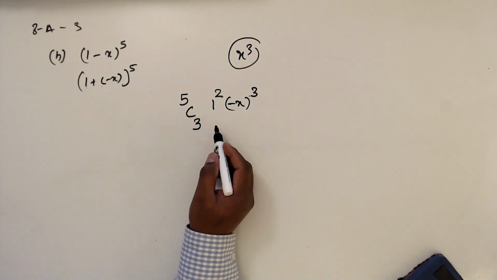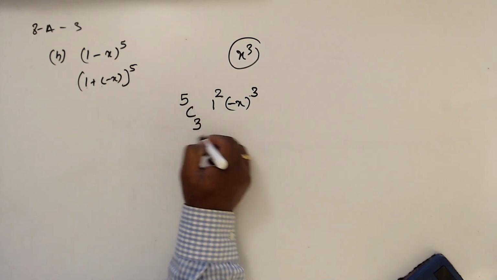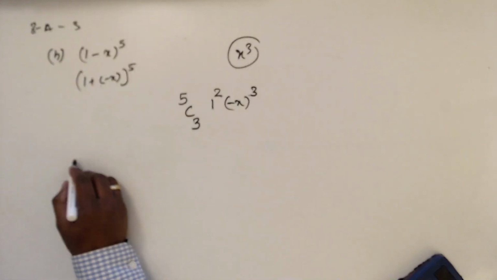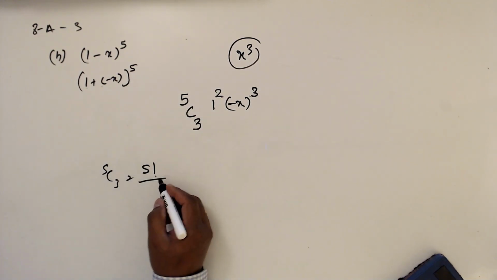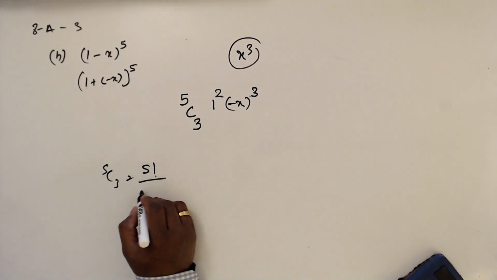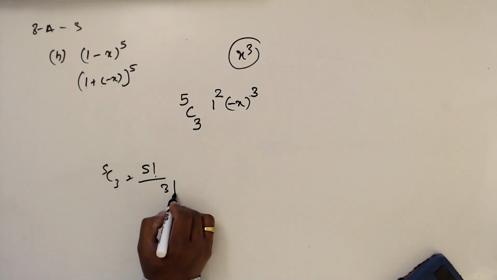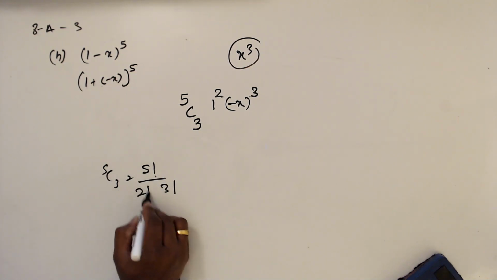Now we have to simplify this one. What is 5C3? Factorial 5 over factorial 3 and factorial 5 minus 3, which is factorial 2.